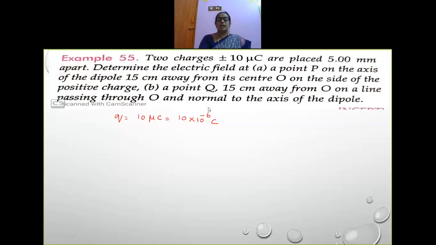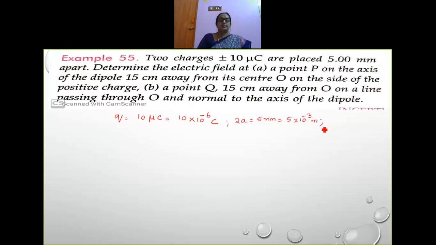Two charges of plus or minus 10 microcoulomb are placed 5 millimeter apart. 5 millimeter apart means 2a. Their 2a value is 5 millimeter, which can be written as 5 into 10 power minus 3 meter, right?